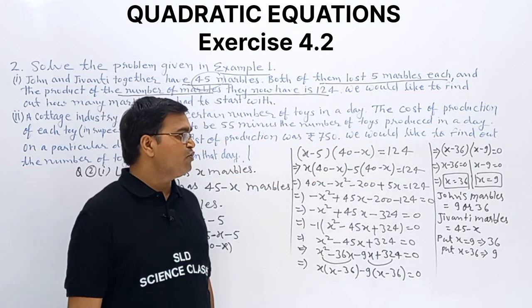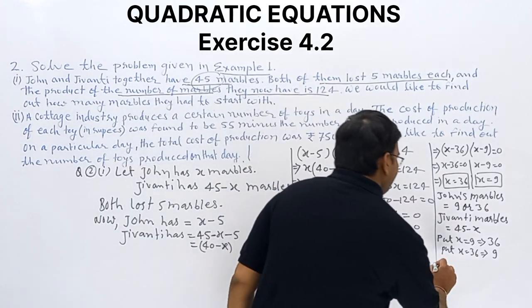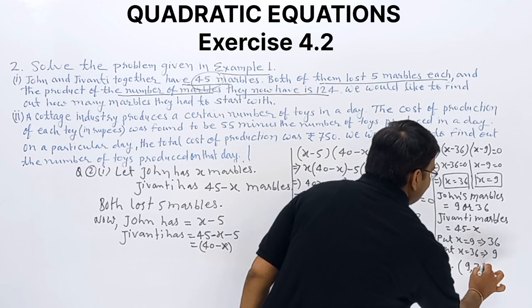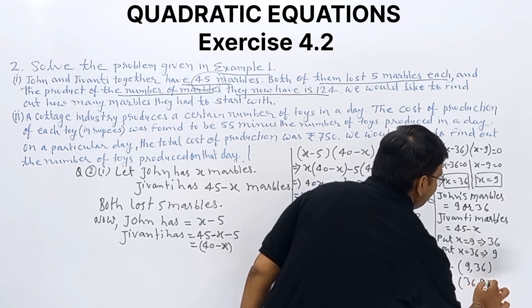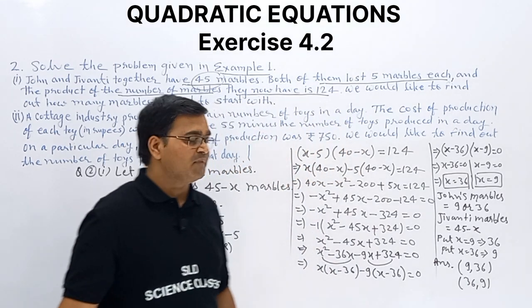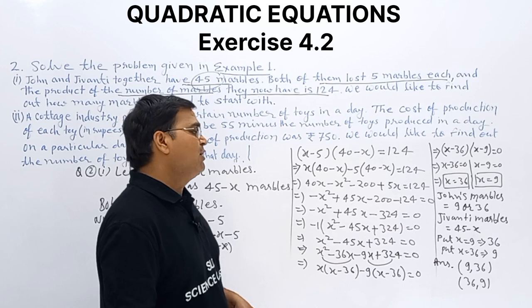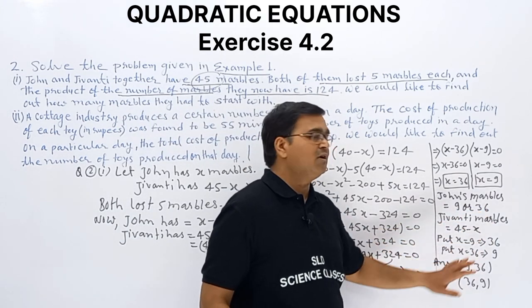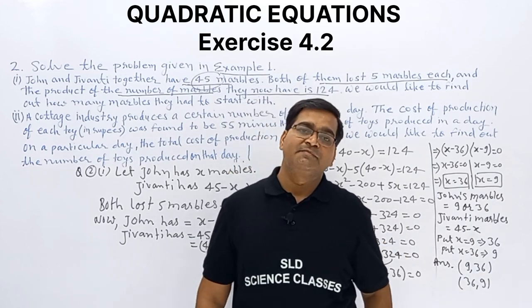So John and Jeet are having, final answer we can write, 9, 36 or 36, 9. Are you getting? If John is having 9 marbles, Jeet will be what? 36. If John is having 36, then Jeet will be what? 9 marbles. Are you getting?